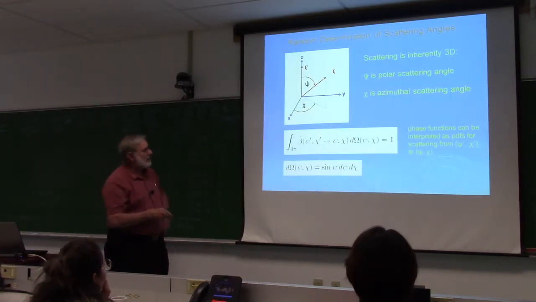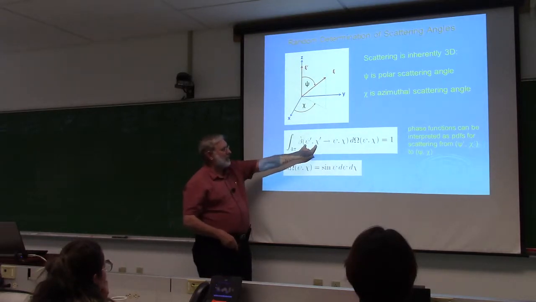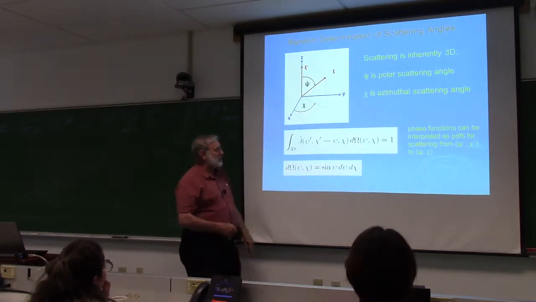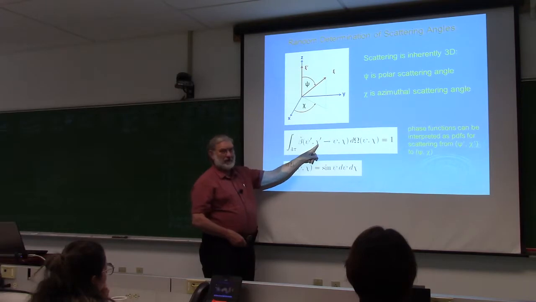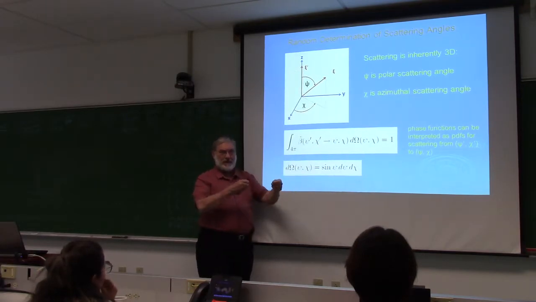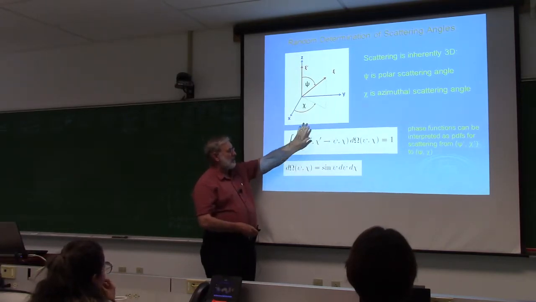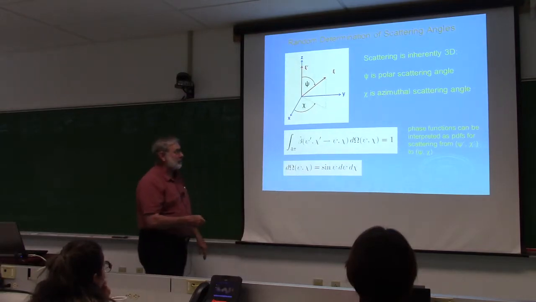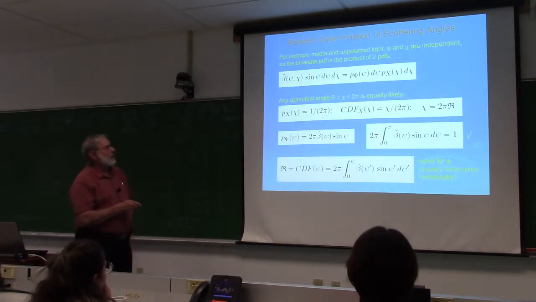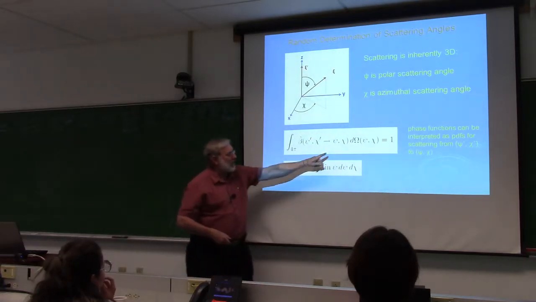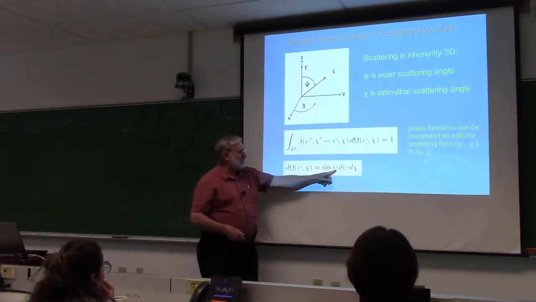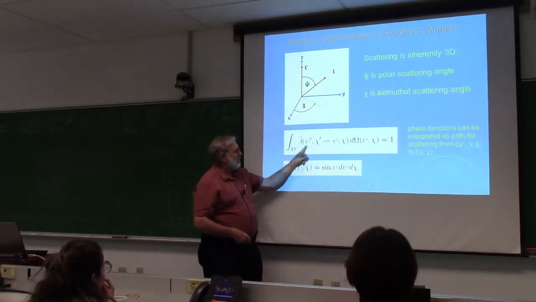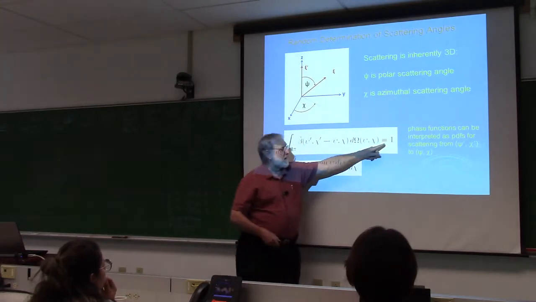So this is really what's called a bivariate distribution or bivariate PDF. It's two variables at once going to two variables at once. But if these two variables are independent, this can be written as a product of a PDF for one times the PDF for the second. And also when we write out that d omega is sine psi d psi d chi, the integral of that whole thing has to be 1.